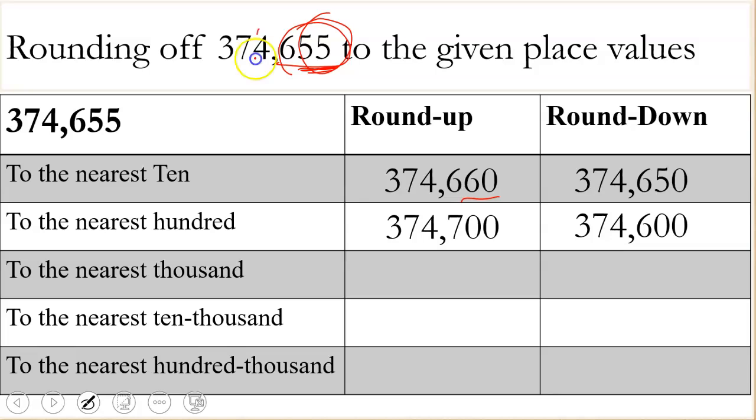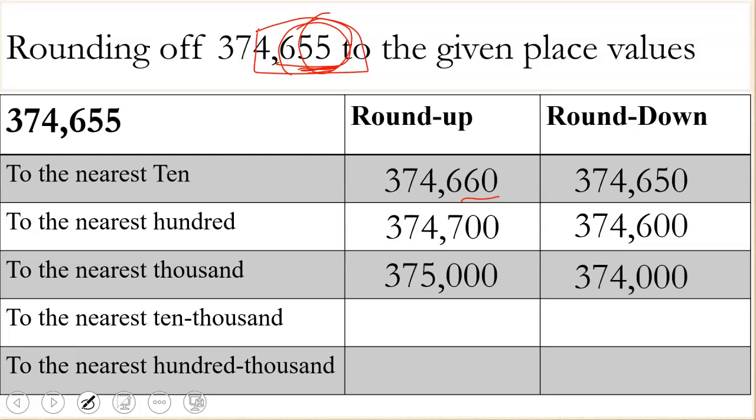Then if I move to the next step, which is 4,000, 5,000, 6,000, those are the thousands, I'll go up as 5,000. So I'll get 375,000, or coming down 374,000.